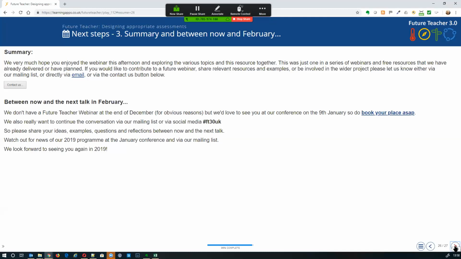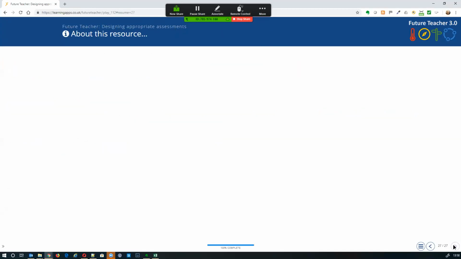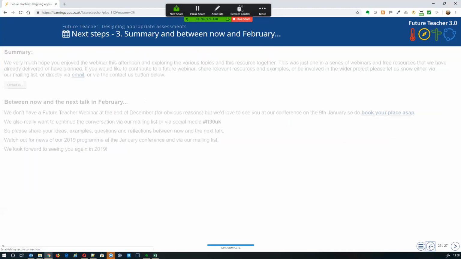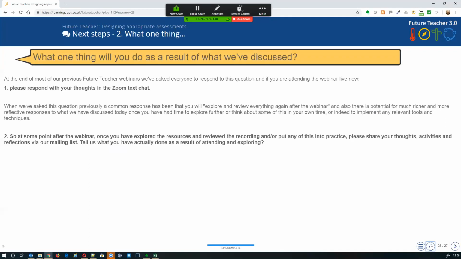But you'll be able to see and view the resources and the webinars that we're doing for the rest of 2019 early in the new year, and we'll be saying a lot more of that at the conference if you're able to attend. We always have this last page that summarises that the resources were created with Xerti, and those of you familiar with Xerti will know it's an excellent tool for all sorts of assessment activities.